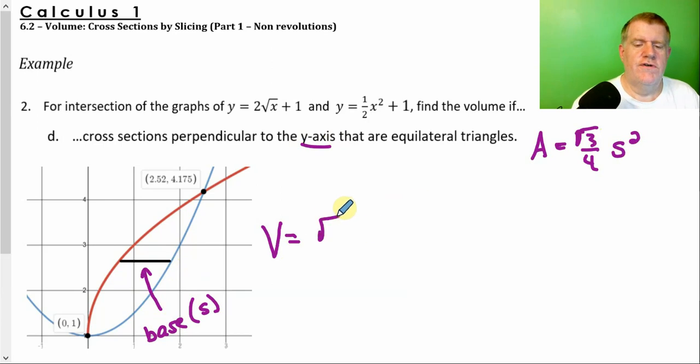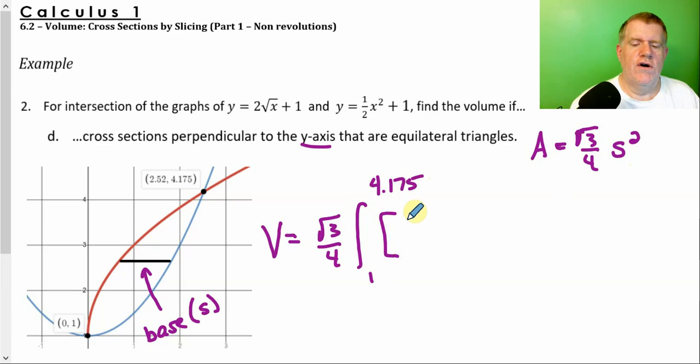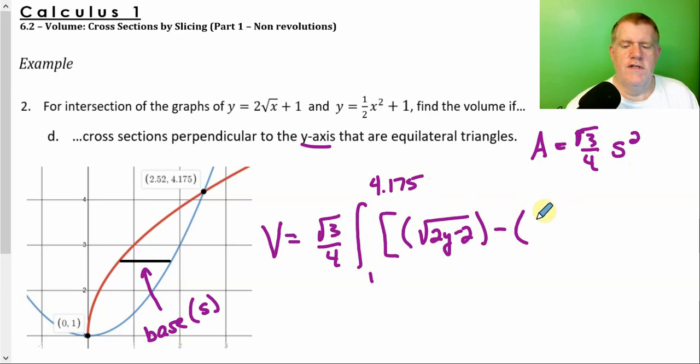So the square root of 3/4 being a constant, I will pull it out in front of the integral sign. We're going from 1 to 4.175, and the expression for side is the difference between the two graphs. So again, 2y minus 2 square root, and subtract the other graph, which is y minus 1 over 2 squared.